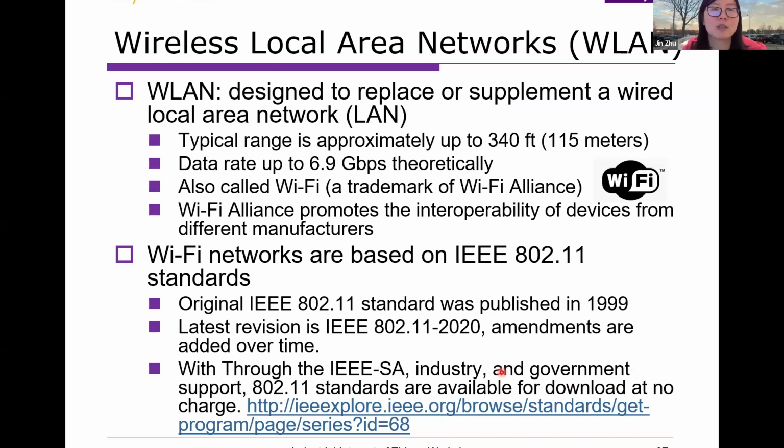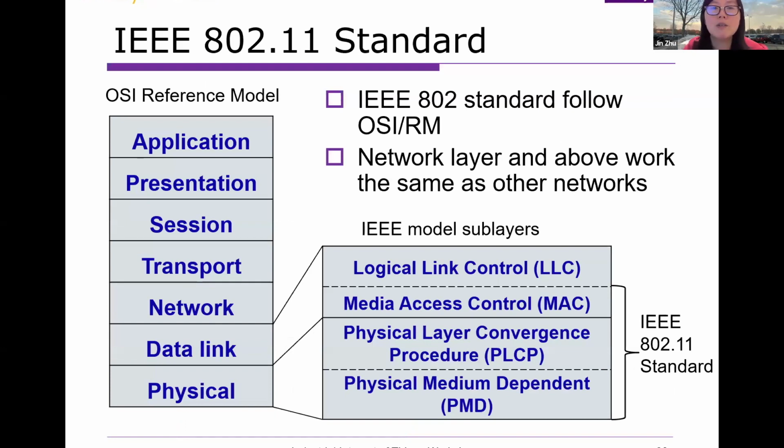After several years, they combine these amendments into a new big revision. The 802.11 standard mainly addresses the lower two layers, the data link and the physical layers. The good thing about how the internet works is that the network layer protocol, the IP address, and the transport layers remain the same, while allowing different kinds of media and different kinds of devices to support different standards.